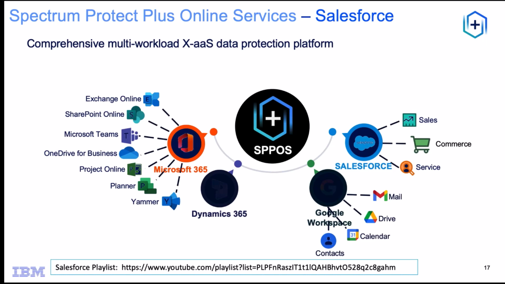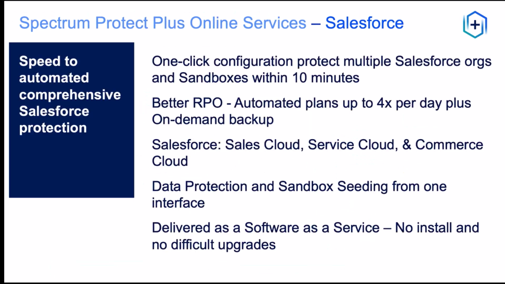Beginning in December, we have now added the ability to protect the Salesforce cloud data, including the Sales Cloud, the Commerce Cloud, and the Service Cloud with Spectrum Protect Plus for online services. Spectrum Protect Plus for online services for Salesforce delivers many of the same great features that you are aware of, hopefully, with Microsoft 365.